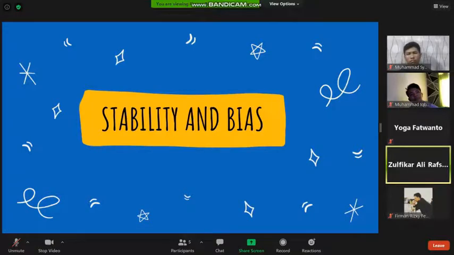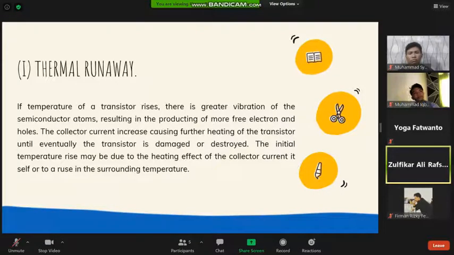stability and bias. Next, first thermal runaway. If temperature of a transistor rises, there is greater vibration of the semiconductor atoms, resulting in the production of more free electrons and holes.